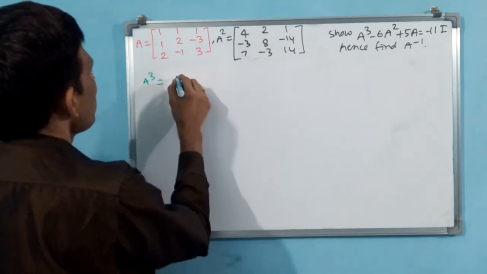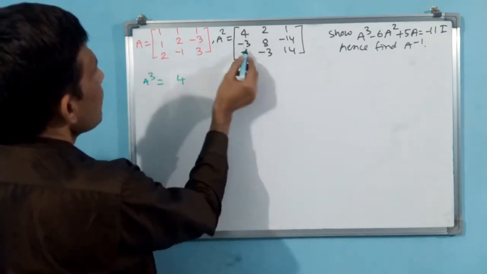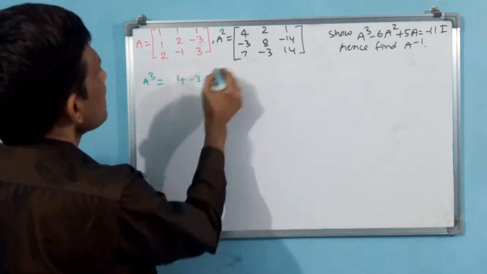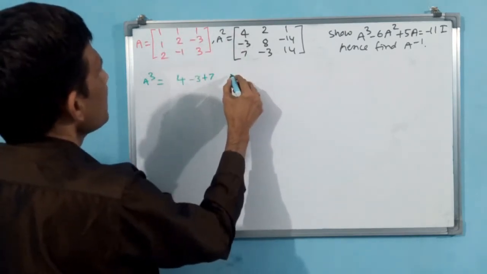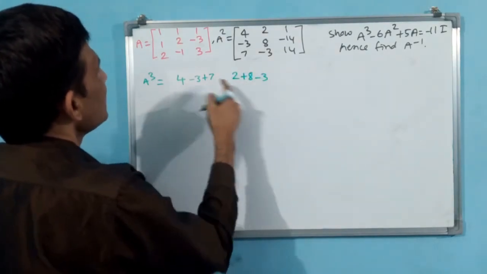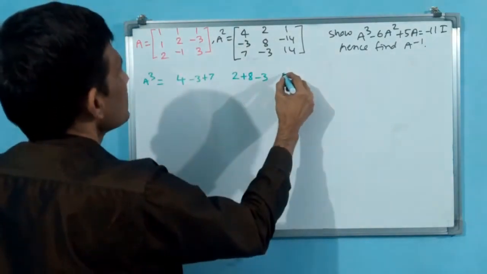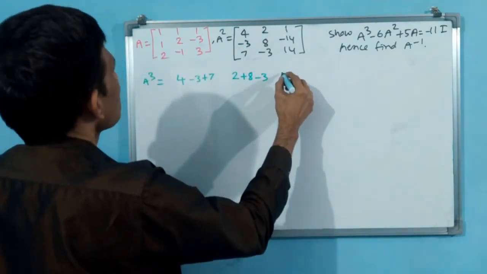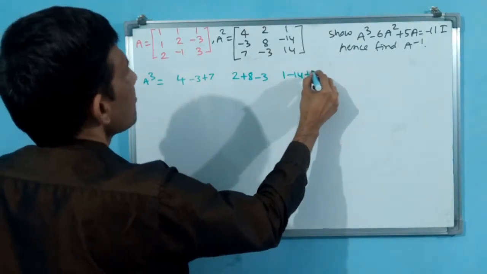You see 1 into 4, 4. Then 4 minus 3 plus 7. Again 2 plus 8 minus 3. Second row, then third row. Sorry, first row, second and third column: 1 minus 14 plus 14.